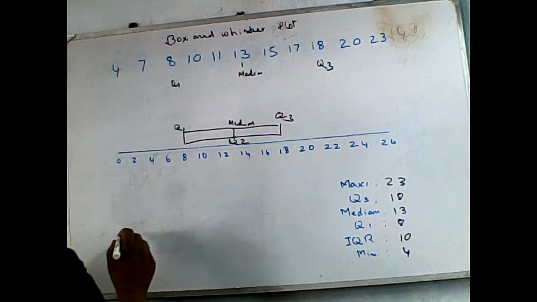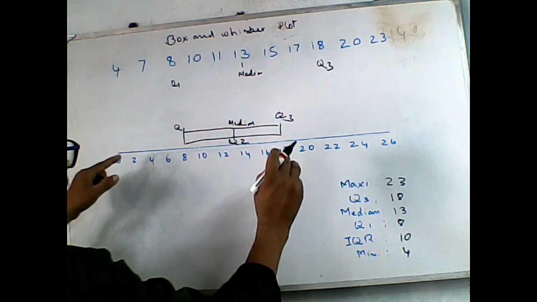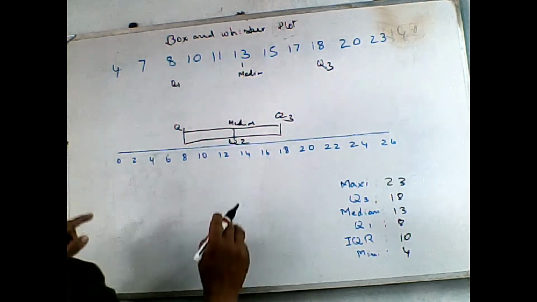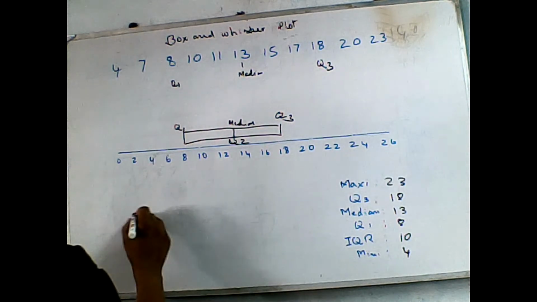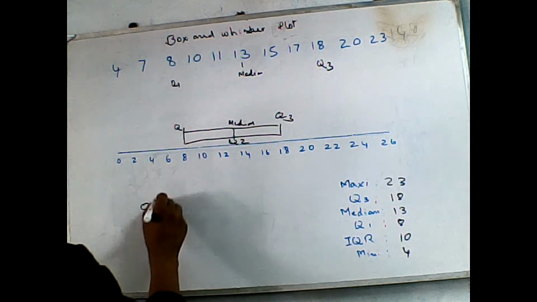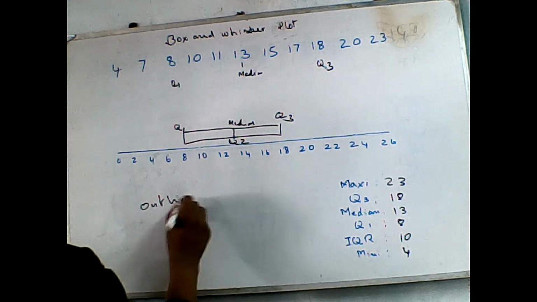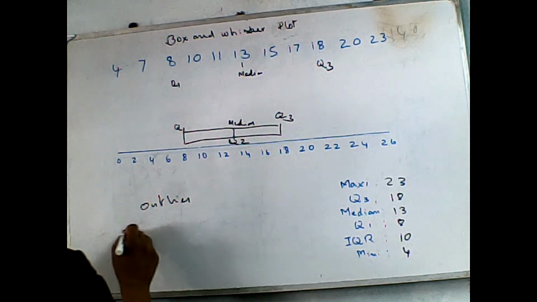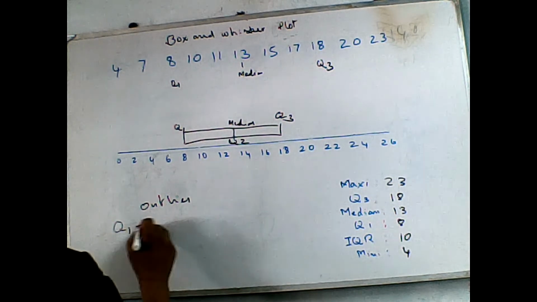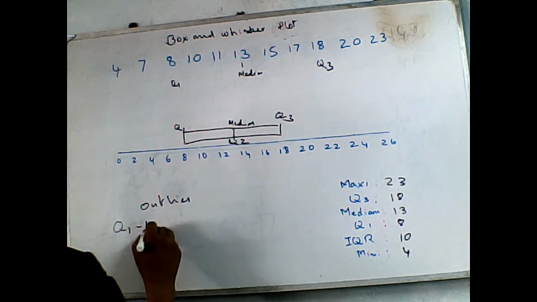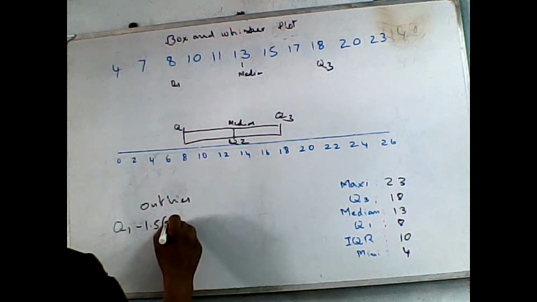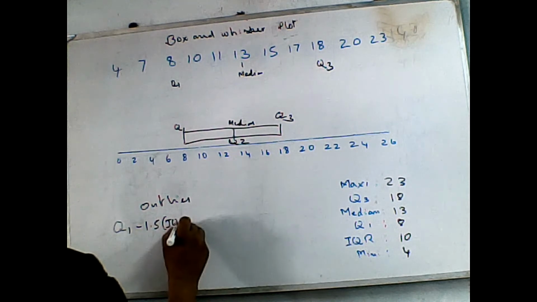The outlier: we find whether this number is an outlier or not. You see, outlier. Q1 minus 1.5 times the interquartile range.